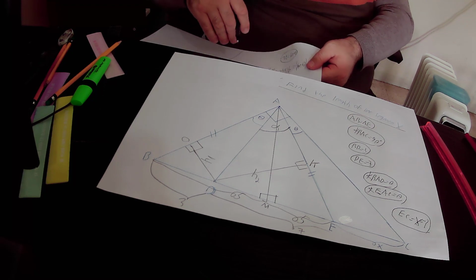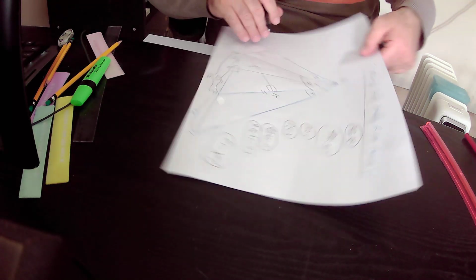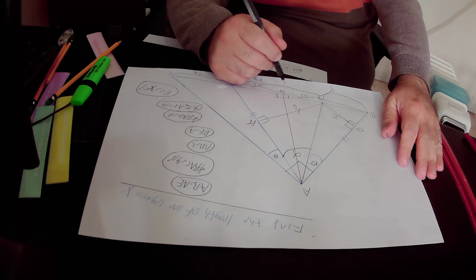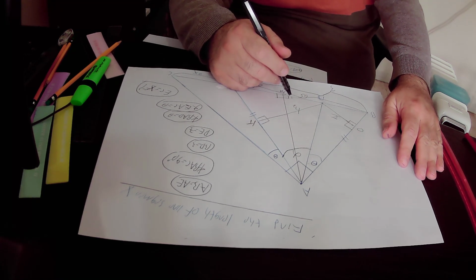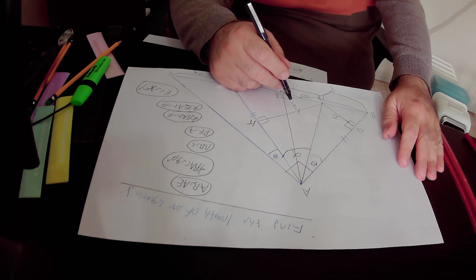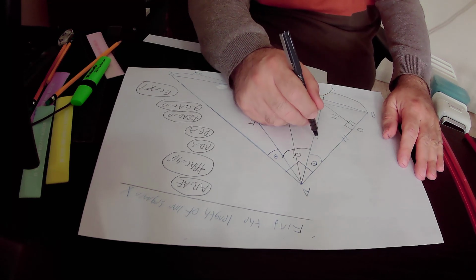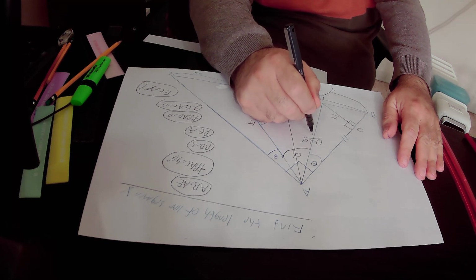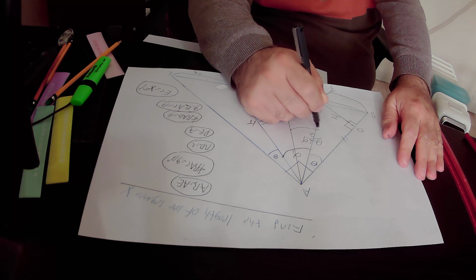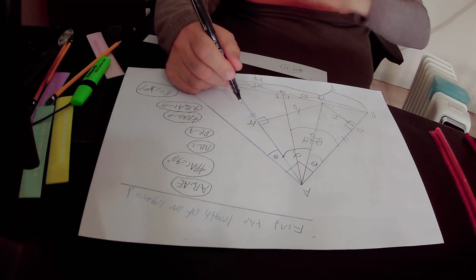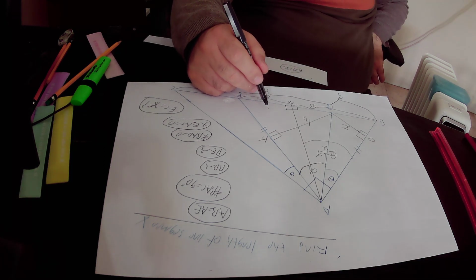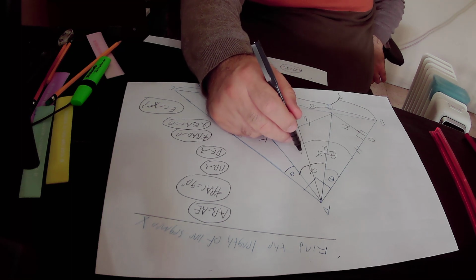So here angle BAM, which equals angle Z, will be equal to (theta plus alpha) over 2. And angle MAE, which is also equal to Z, will also be equal to (theta plus alpha) over 2.